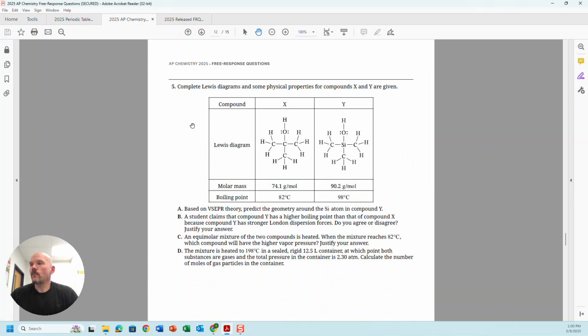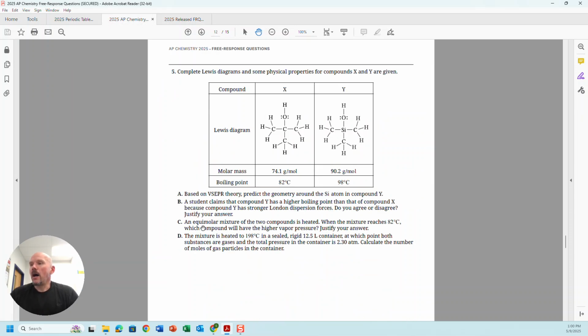Okay, all right. Part C, equal moles of the two compounds is heated. When the mixture reaches 82 degrees, which compound will have the higher vapor pressure? Well, notice 82 is the boiling point of this, and so that would be one way to answer the question. But what you really need to remember is when you have two liquids at the same temperature, the one with the higher vapor pressure has weaker IMFs.